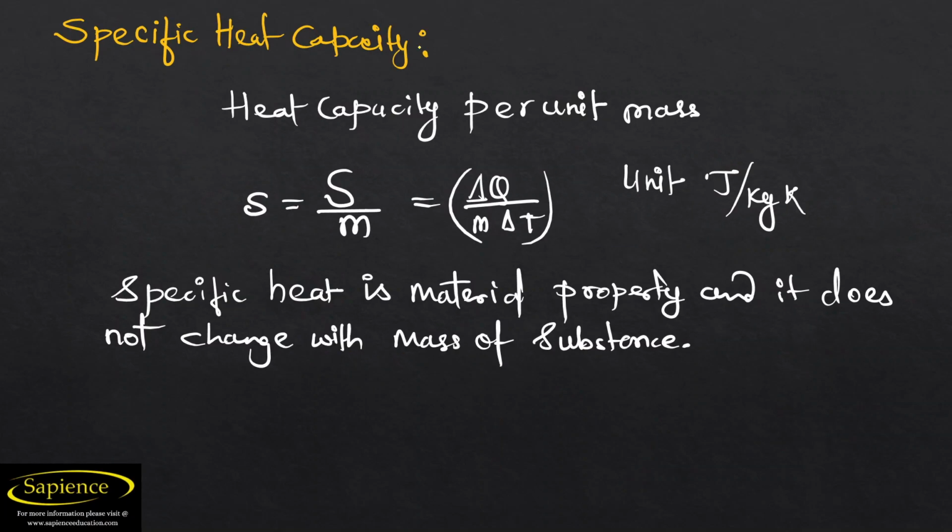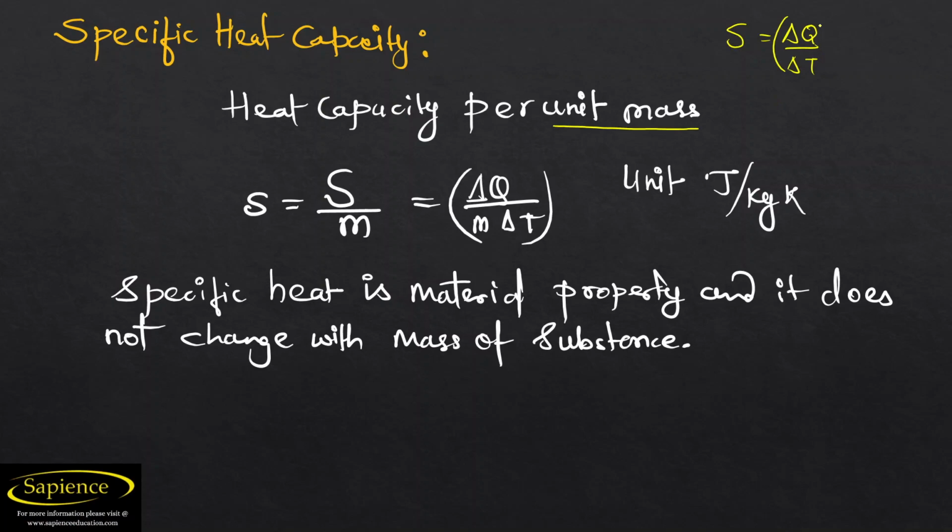Now let us discuss the specific heat capacity. Whenever we talk about specific heat capacity, it means that it is a material property, that is, heat capacity per unit mass. As we have understood, heat capacity is equal to the heat applied divided by the change in temperature.